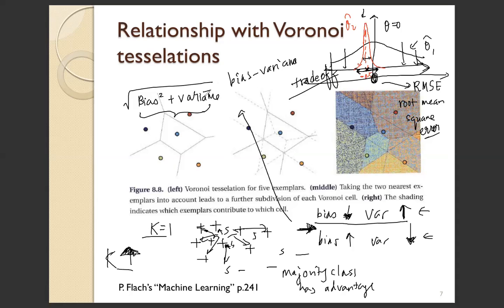But this is to give you some idea, right? That when you construct your classifier, you may want to think about the issue of how to set the parameters so that your bias is not too high and your variance is also not too high. Okay.